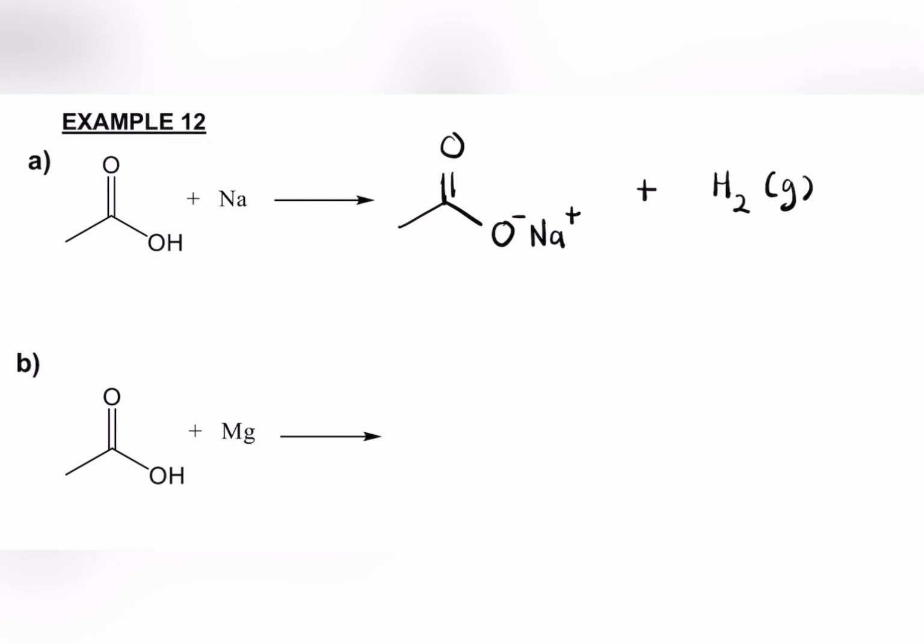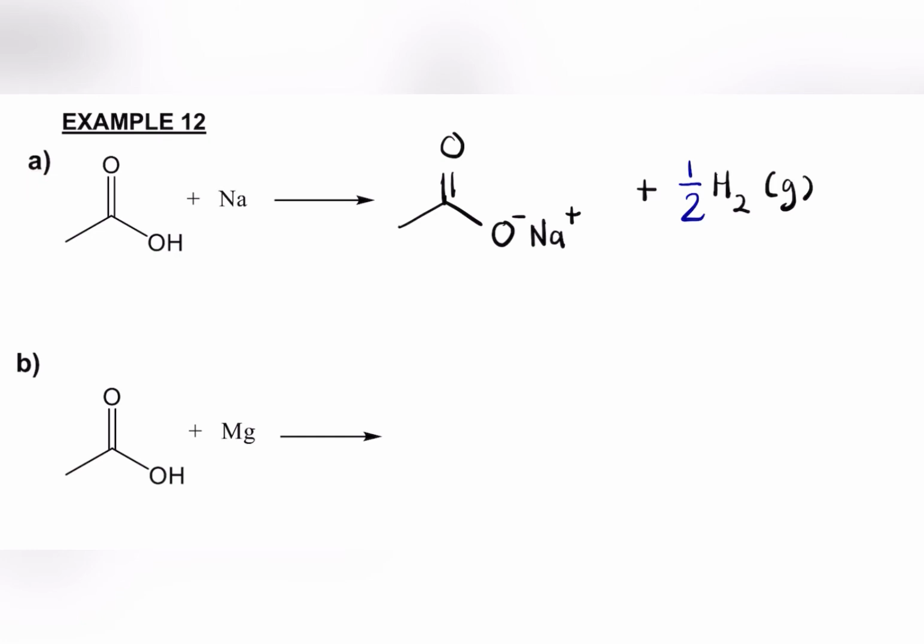When you want to balance this, you put coefficient 1/2 in front of H2, so that you get 1 hydrogen here and 1 hydrogen here. 1 sodium, 1 sodium. 2 oxygens, 2 oxygens. And 2 carbons, 2 carbons. So both sides are balanced.